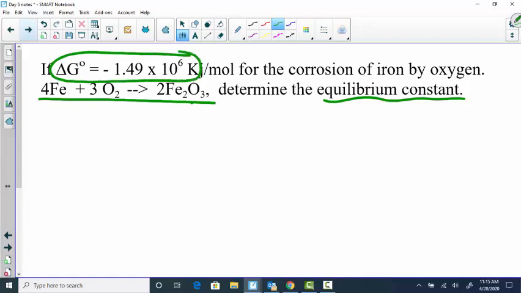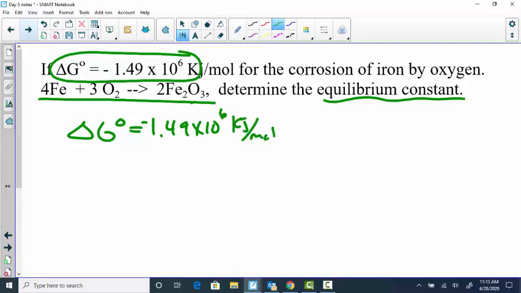We could calculate this, but I gave it to you. So Gibbs free energy for this reaction is negative 1.49 times 10 to the 6 kilojoules per mole. And we just developed an equation that said delta G equals minus RT times the natural log of KEQ.